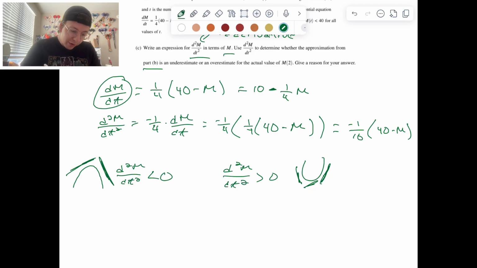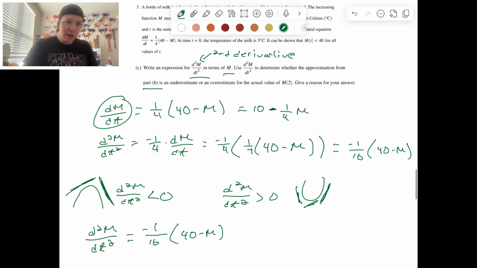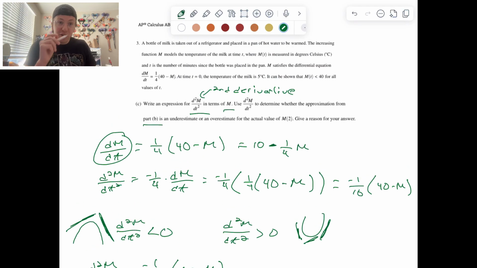So I really have to say, hey, d²m/dt² is negative 1/16 (40 minus m). So we are multiplying our 40 minus m by a negative. It's going to stay negative if 40 minus m is a positive number, and it's going to be a positive second derivative if 40 minus m is a negative number. Now, remember what I said earlier, that everything that College Board states is super important.